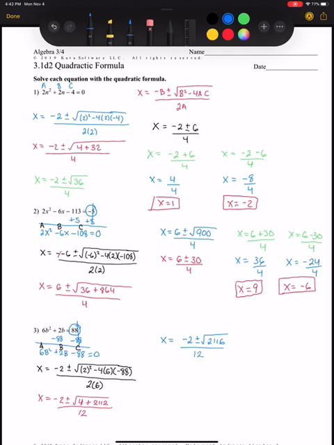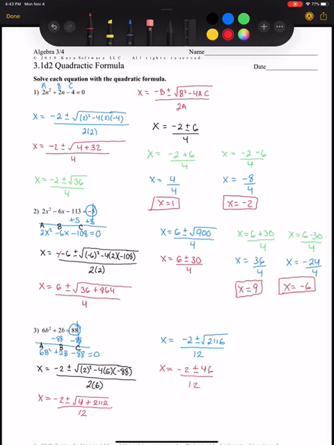And if you take your calculator, the square root of 2,116 is going to be 46. So x equals negative 2 plus or minus 46 divided by 12.